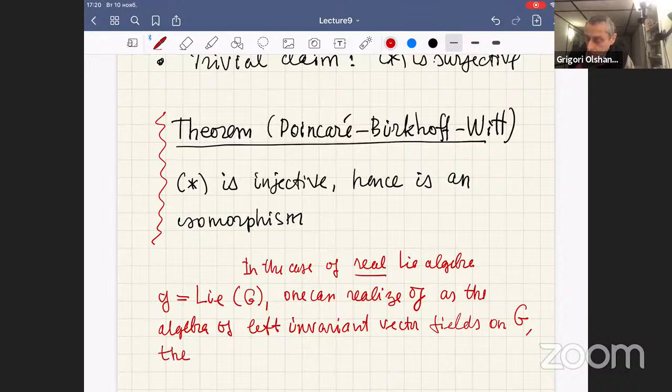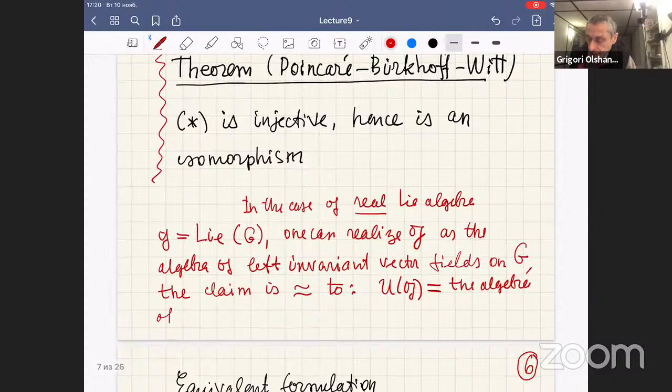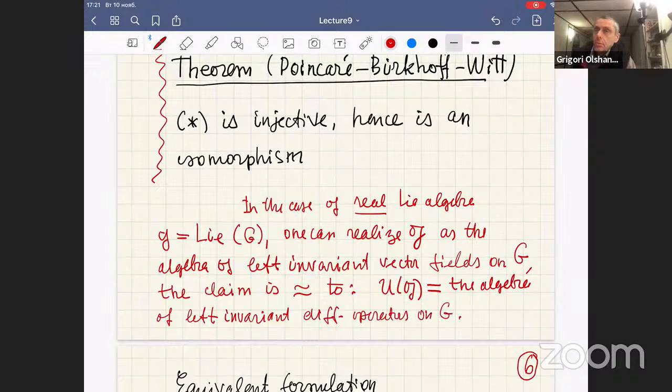we get that the claim is more or less equivalent to the following: that U of G is the algebra of left invariant differential operators on G. This is what is called the Laurent Schwartz theorem.